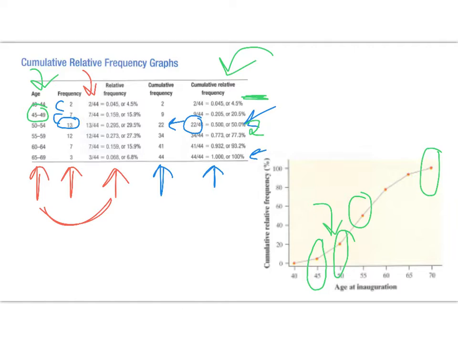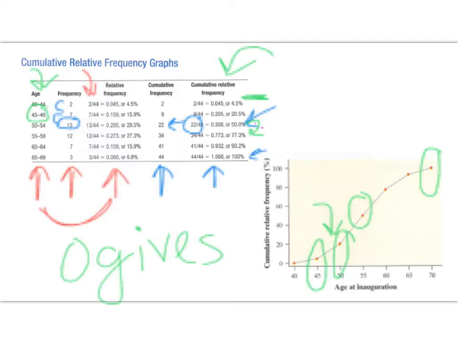These cumulative relative frequency graphs are sometimes known as ogives, spelled o-g-i-v-e-s. So if you see that in a question or on a free response or anything, that's what they're talking about. This ogive is the same thing as a cumulative relative frequency graph.